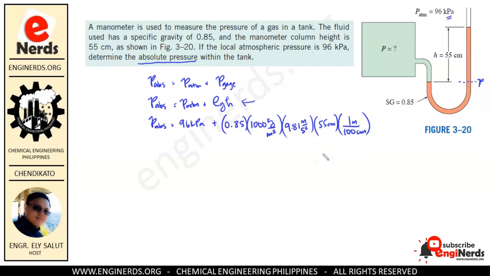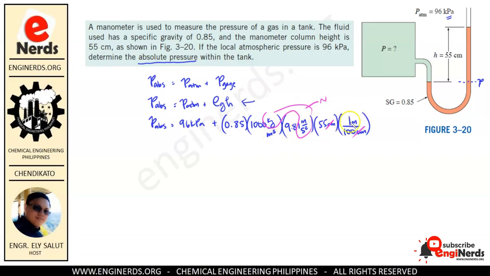So, what will be our unit once again? As you can see guys, paulit-ulit natin ginagawa 'to para masanay tayo to make sure that our units are consistent, no? So we have centimeter, which will be cancelled out. And then we have kilogram meter per second squared, which is Newton.